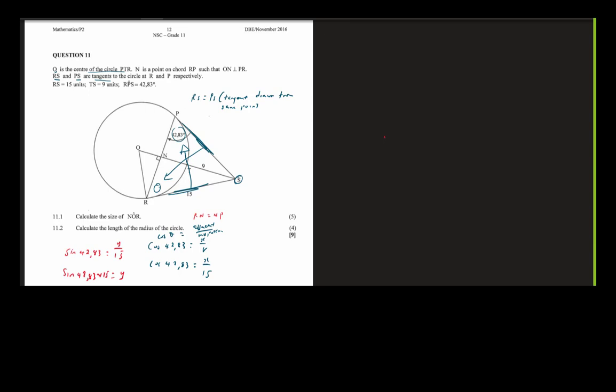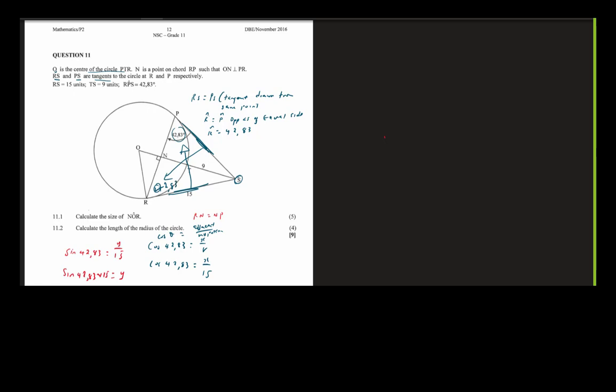So you say angle R equals angle P. You say opposite angles of equal sides. This is the reason. So angle R is 42,83.